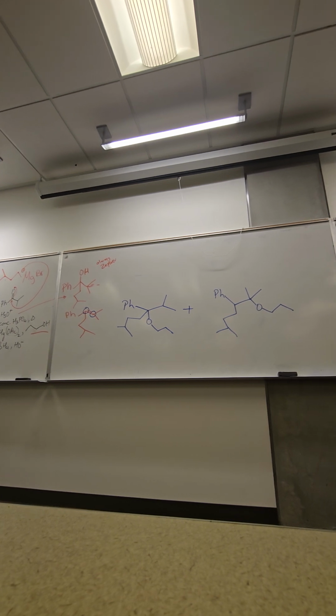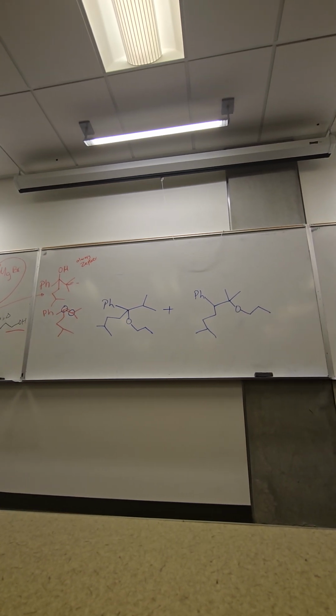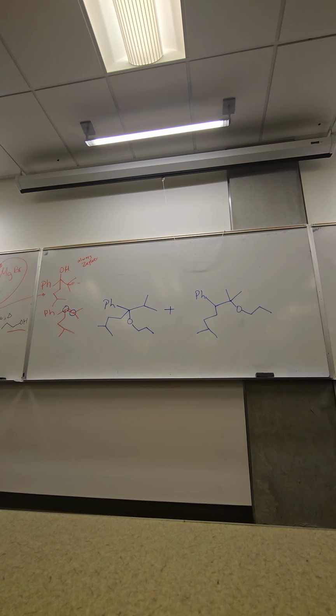In this case there was no selectivity because both carbons are kind of the same, so you draw both. Does everybody see that? Okay, cool. So two different ways of making an ether: Williamson ether synthesis and alkoxymercuration-demercuration. Questions? Okay, reactions of ethers.